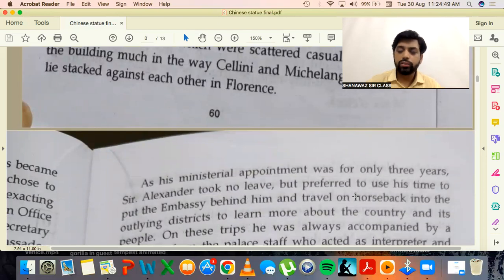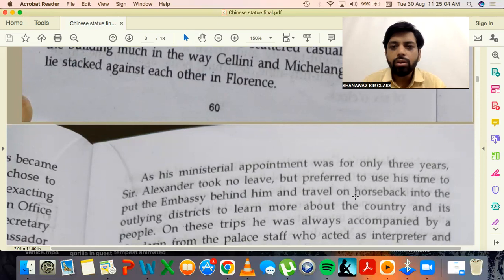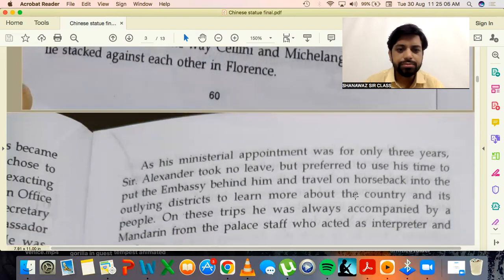So this proves that Alexander Heathcote was moving very slowly because he was observing all those great things. So this proves that he had a genuine interest in art and craft and sculpture and things related to literature. So he was a man whose desire was for art and craft.